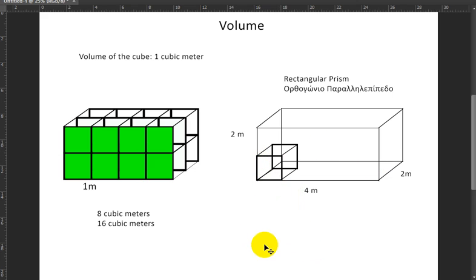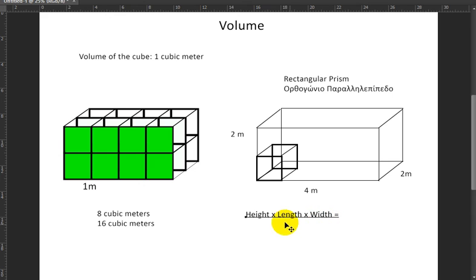The way that I find that with just mathematics is I need to multiply the height with the length and then with the width.